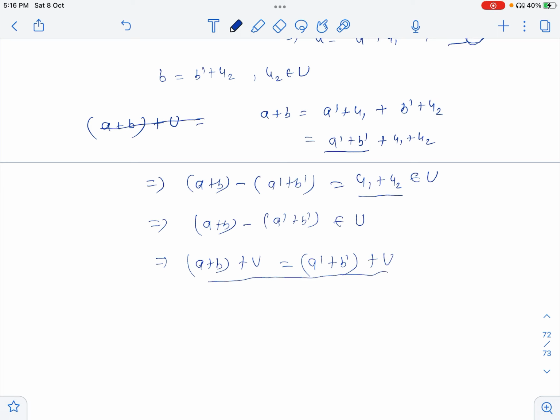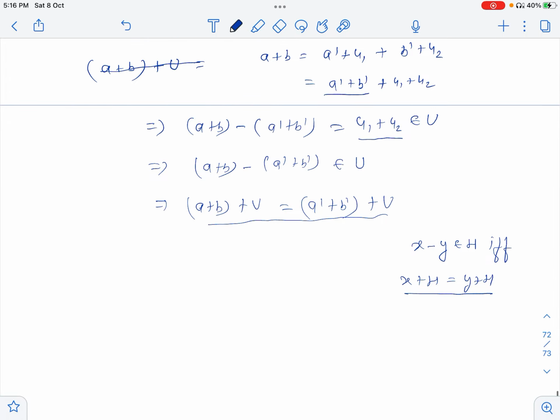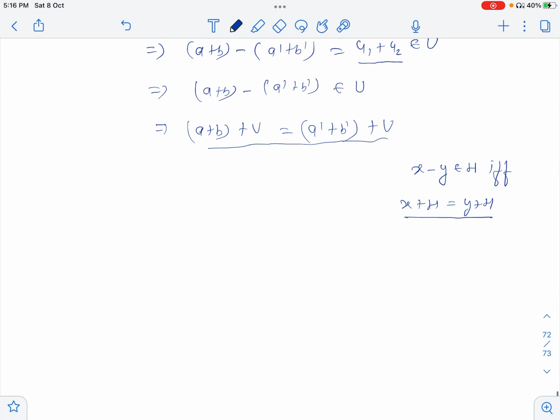Because we know that x minus y belongs to H if and only if x plus H is equal to y plus H. So this first part is proved.